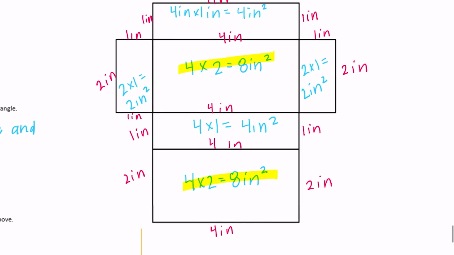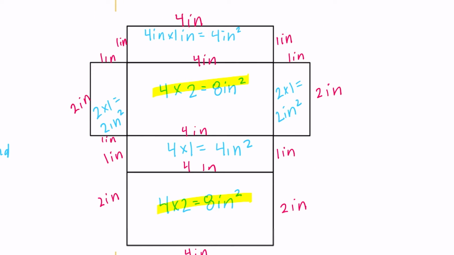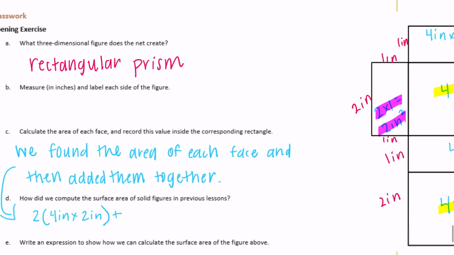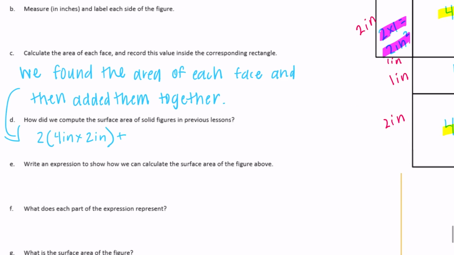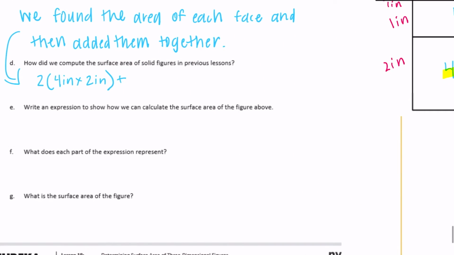Plus, so we've got those 2 crossed off. Let's see, let's highlight these. We have 2 groups of 2 inches by 1 inch.